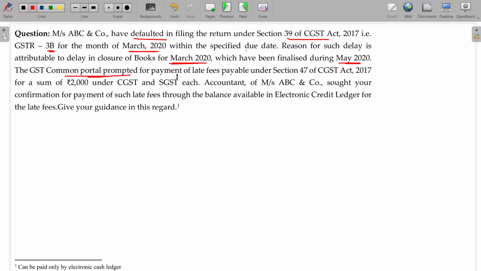The GST common portal prompted for payment of late fees payable under section 47, a sum of rupees 2,000 under CGST. The accountant of Messrs. ABC Company sought your confirmation for payment of such late fee through the balance available in the electronic credit ledger. So, will it be possible to pay using the electronic credit ledger? No, you can use only the electronic cash ledger.